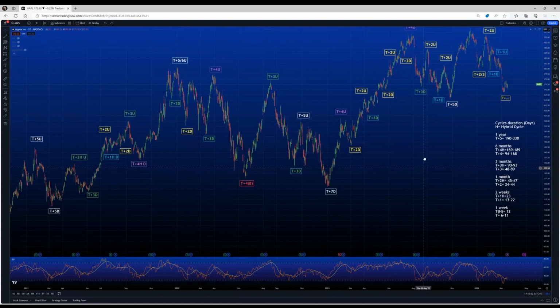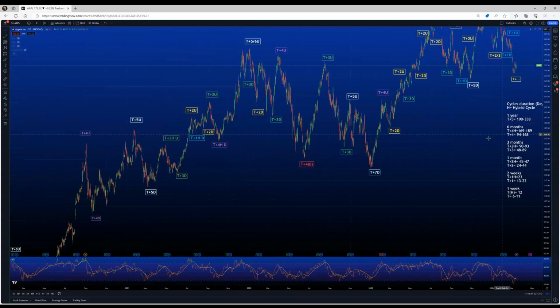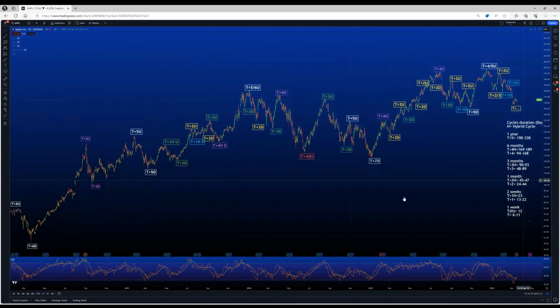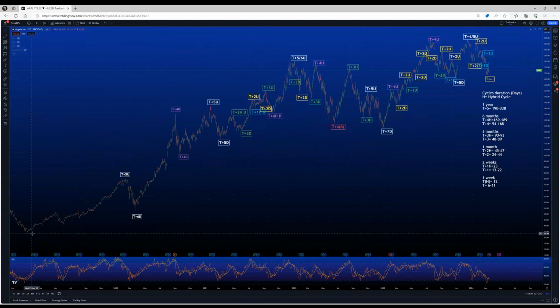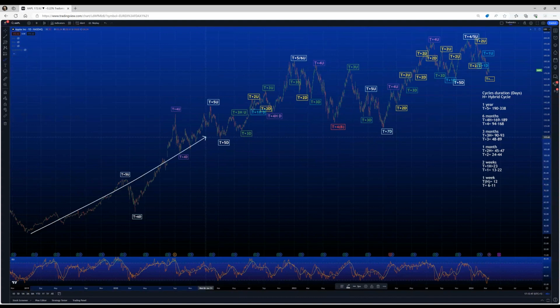Now I will show you how it works in this particular case. So if we go back, especially to this point, we see that there is a big cycle that ended here.